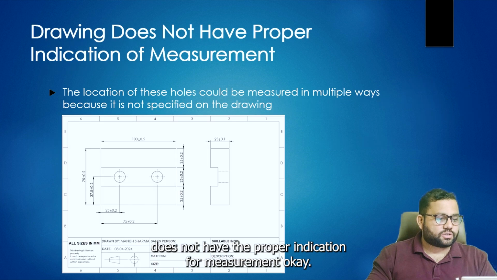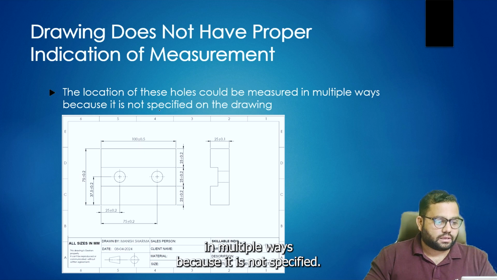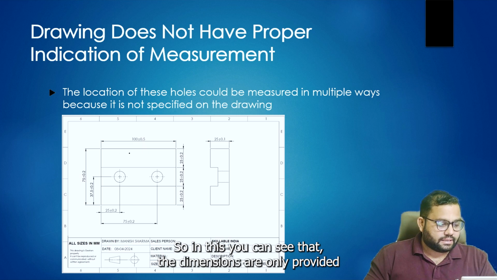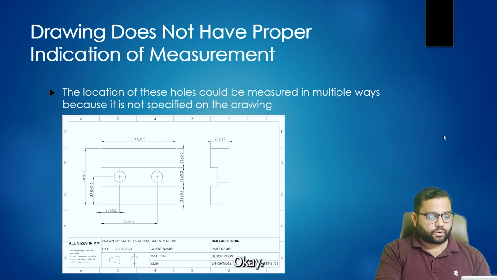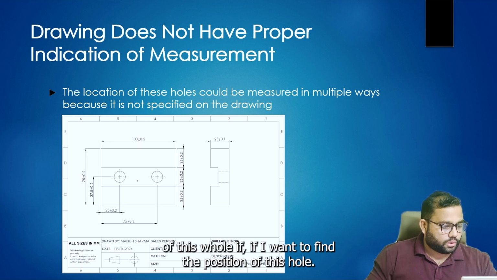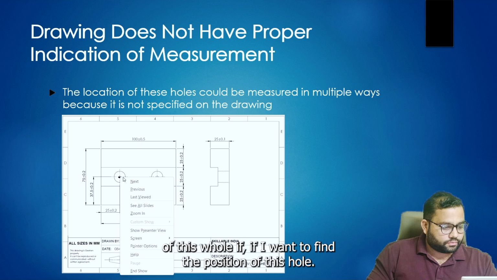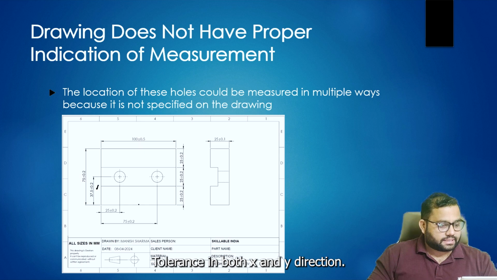The first one is that the drawing does not have a proper indication for measurement. The location of these holes could be measured in multiple ways because it is not specified on the drawing. You can see that the dimensions are only provided in the form of plus and minus tolerances. If I want to find the position of this hole, it is given only in the form of plus minus, let's say 0.2 tolerance in both x and y direction.